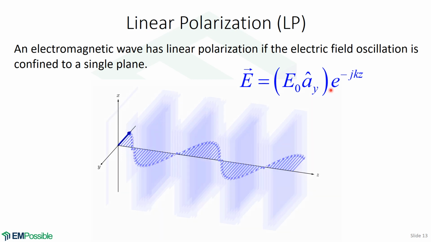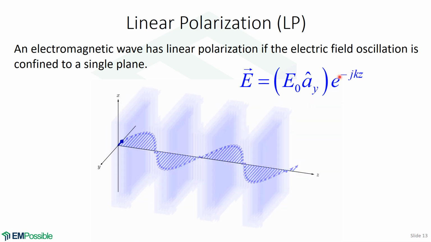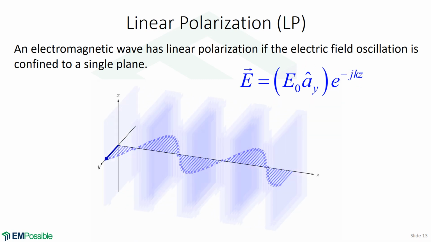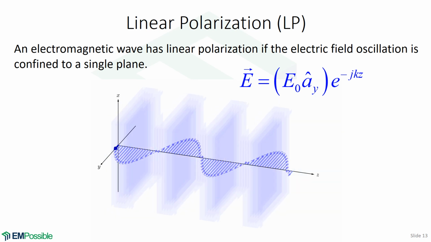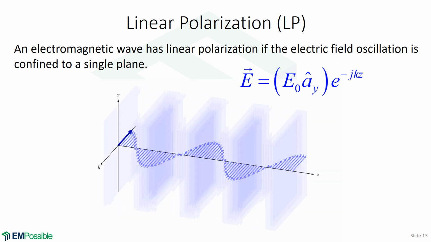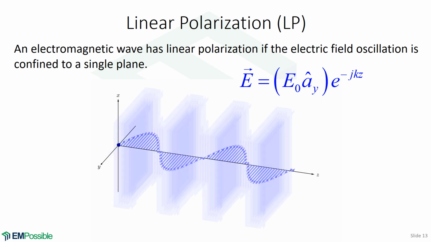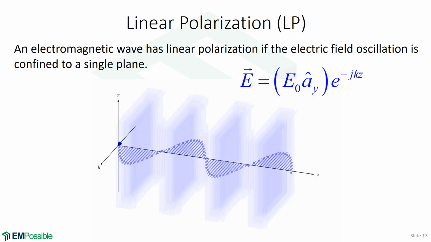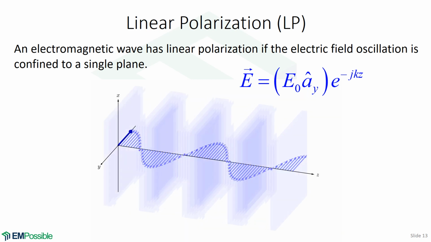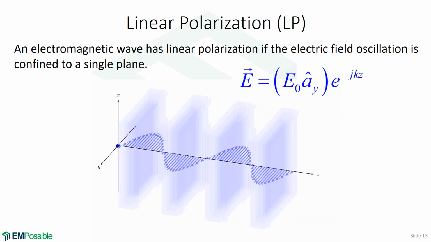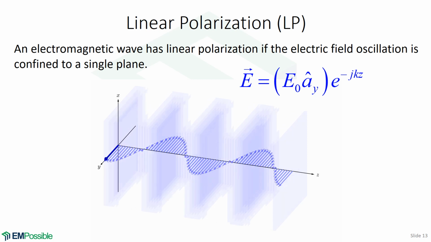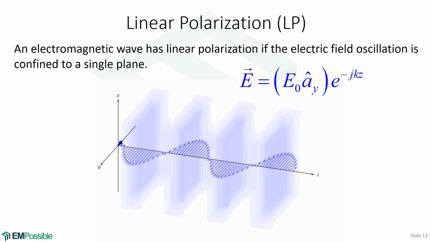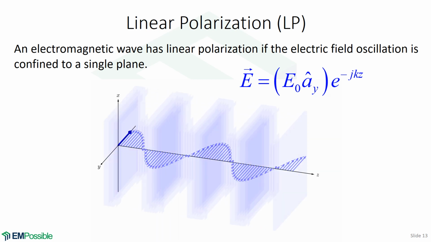But our oscillation term, e to the minus jkz, that's the same. The amplitude term is the same. Everything's the same except the electric field is oscillating in the y direction. And of course, the y direction is still perpendicular to the z-axis. This is still a linear polarization. So we actually have at least two possibilities, linear polarization along x and y.